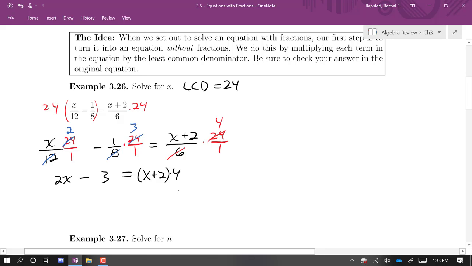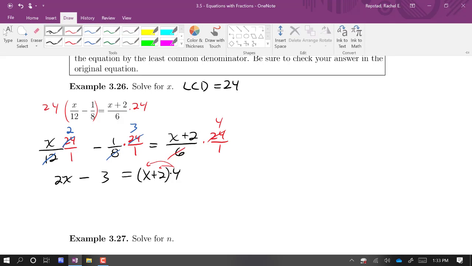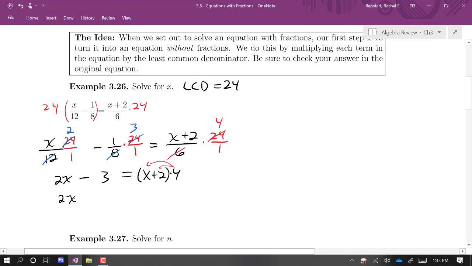Now this is an equation with no fractions that we already know how to solve. In fact, it's linear. We've been solving these equations for quite some time now, so we're going to start by distributing that 4. So 2x minus 3 is equal to 4x plus 8.